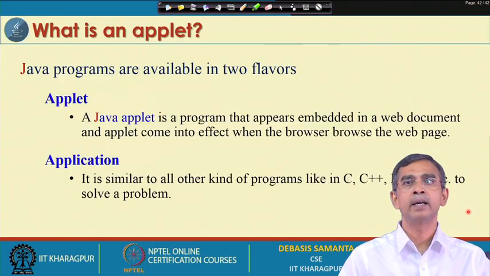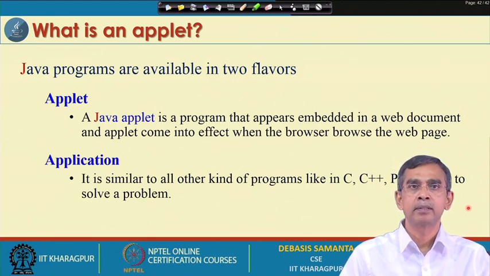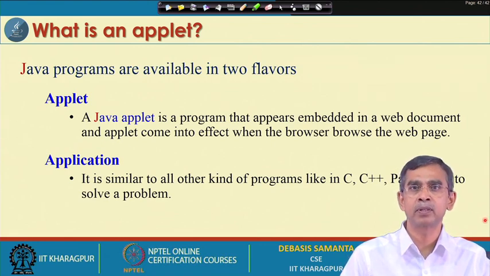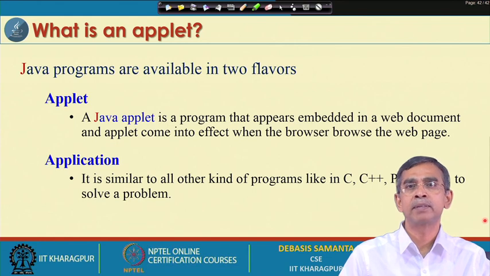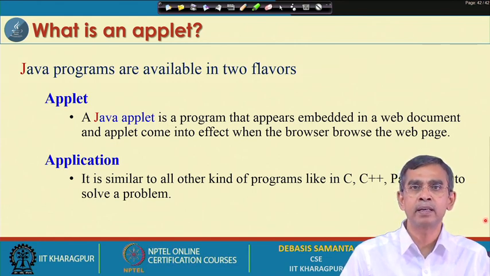As I told you, there are two types of programming: the application, which we have already learned, and applications are more like simple programs, basically in, for example, C, C++, Python that you may have already tested.